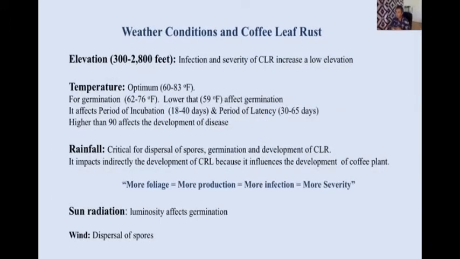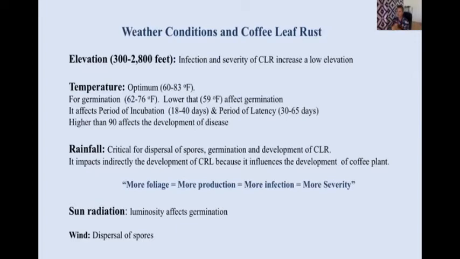So weather conditions, again, are the major factor in how the development of the disease is going to occur. We know that elevation is related to temperature. That means we see more infection and severity of the disease at low elevation, and totally the opposite at high elevation.